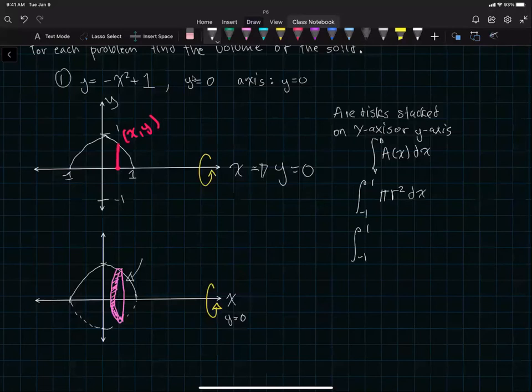From -1 to 1, I'm going to move the pi to the front. And now I have to think about my r. So what did we say about the r? The r is going to be the y value. In other words, it's going to be the function. So the function, y is equal to this, is what's going to be my r. So my function is going to go here.